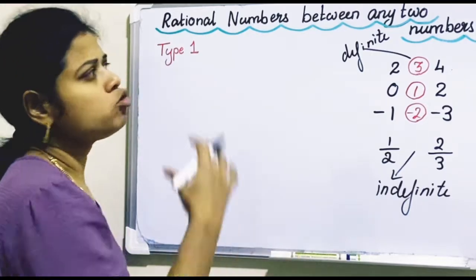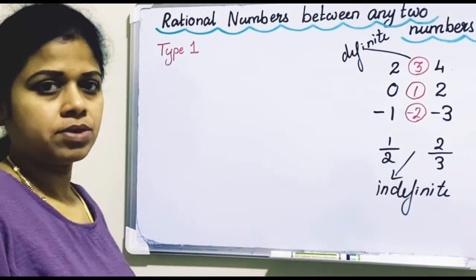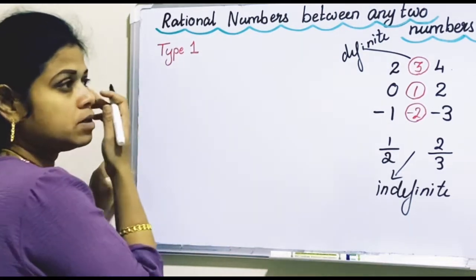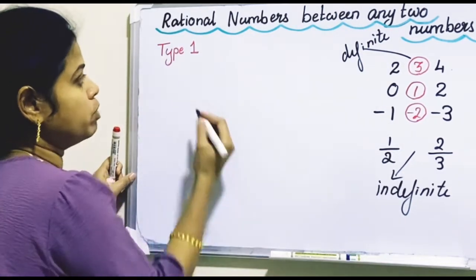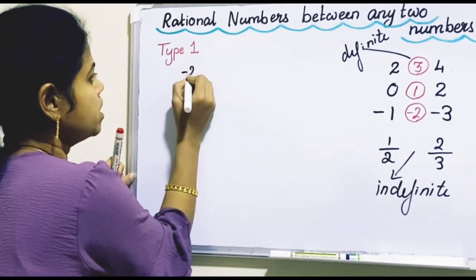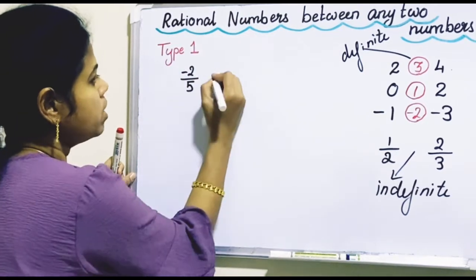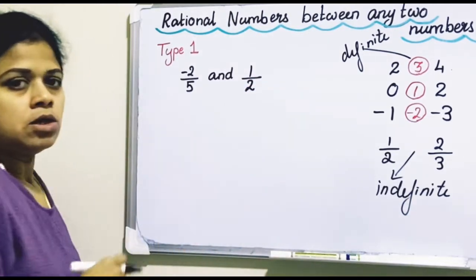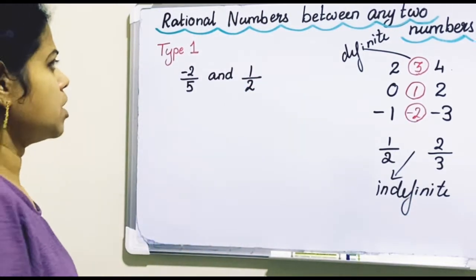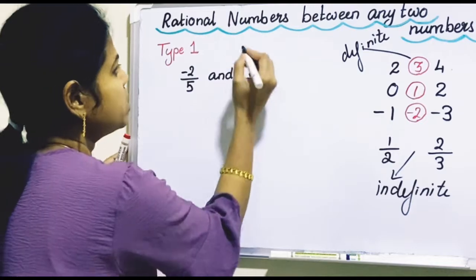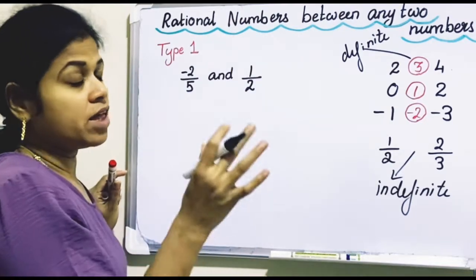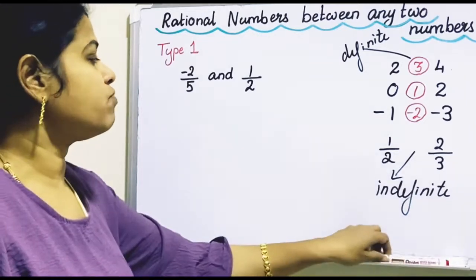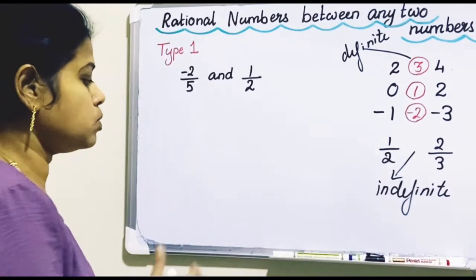Okay, now how to list out the rational numbers? First type, if the rational number comes as a fraction of two integers like -2 upon 5 and 1 upon 2, how many rational numbers can you list out? Let's list out 5 rational numbers between these two numbers.